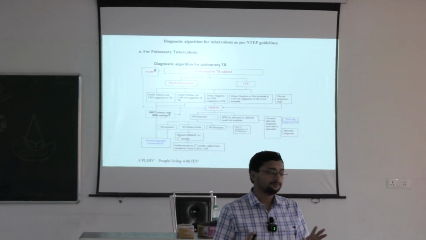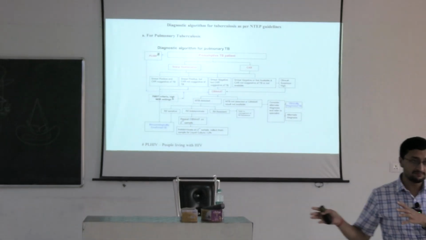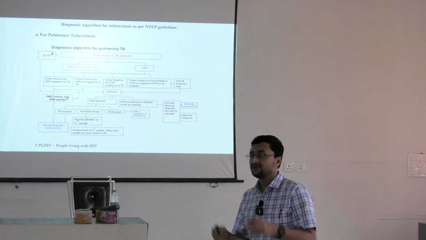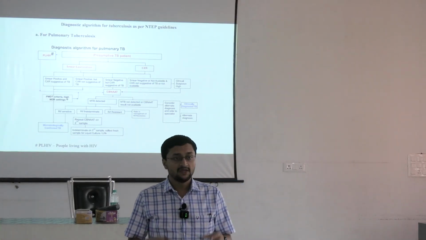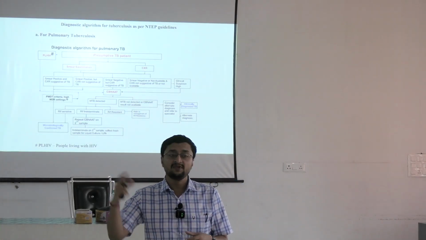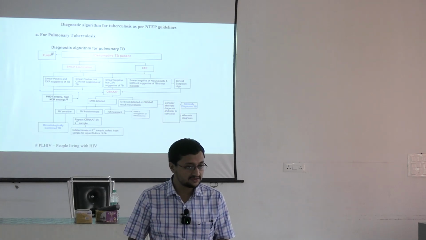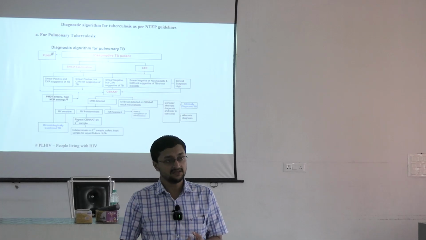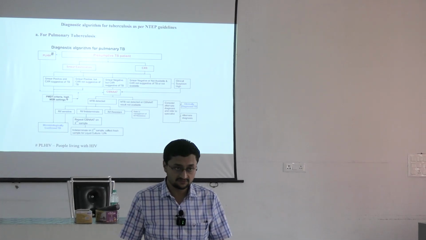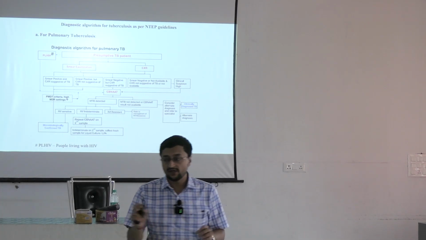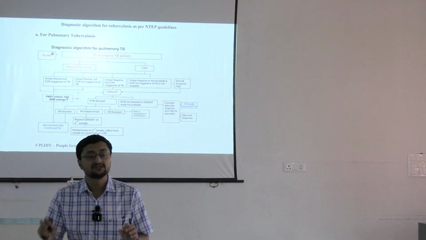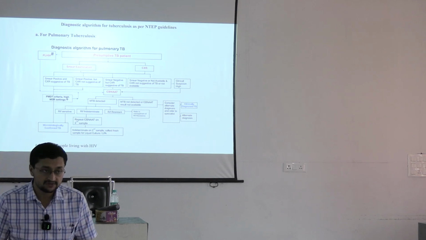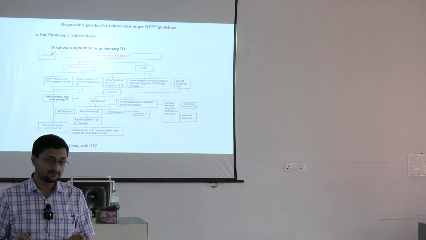So, there may be 4 scenarios based on the investigations. The patient may have sputum smear positive and X-ray suggestive of tuberculosis, smear positive and X-ray not suggestive, smear negative and X-ray suggestive, and smear negative and X-ray negative. In the 2 scenarios where the smear is positive, regardless of whether the X-ray is positive or not, we call it microbiologically confirmed pulmonary tuberculosis.